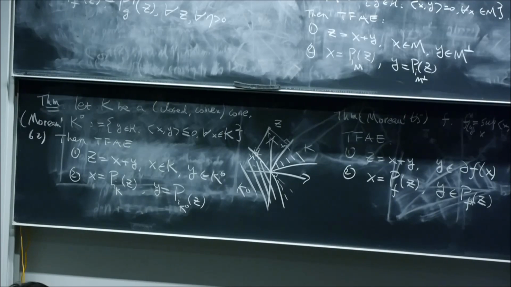When I minimize the envelope function, I will need to be able to evaluate the function. And in order to evaluate the envelope function, I will need to solve this minimization problem. If I want to evaluate the function, I need to solve this minimization problem. Essentially, I need to compute the proximity operator. This can be as hard as minimizing the function f directly.